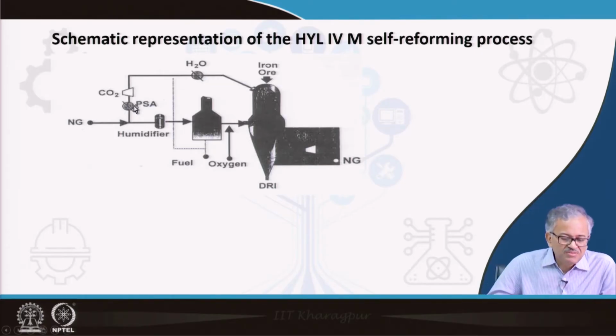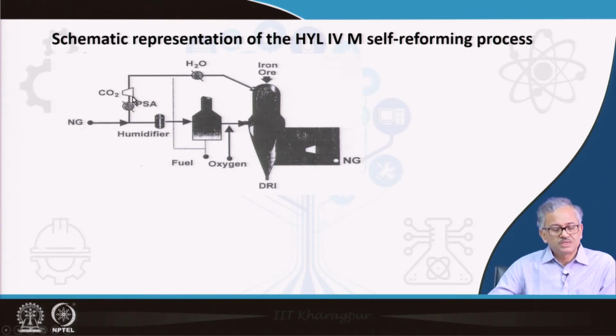As you can find from here, the natural gas is coming in, and you can also use the off gas. You take the off gas and dehumidify it. After taking out the moisture, you have a dry gas, and then by PSA technology you take out the carbon dioxide.